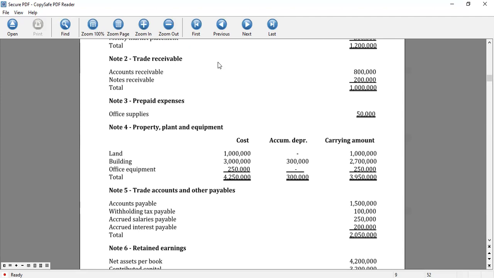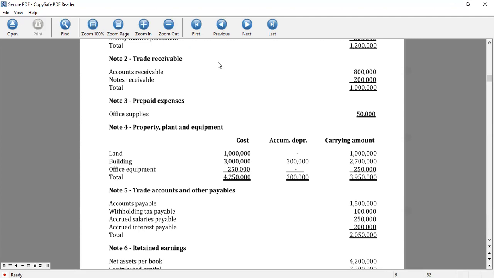However, no recognition was given to accrued salaries. So we have accounts payable 1.5 million, withholding tax payable 100,000, accrued salaries payable of 250,000, and accrued interest payable of 200,000.